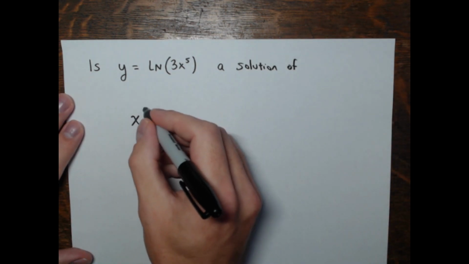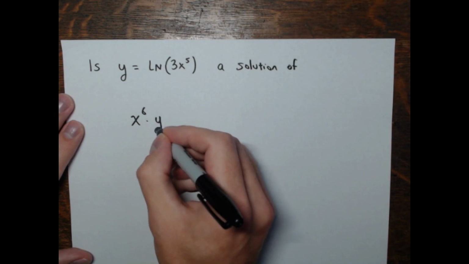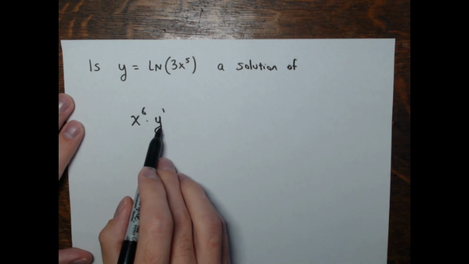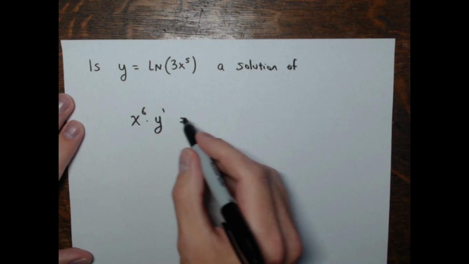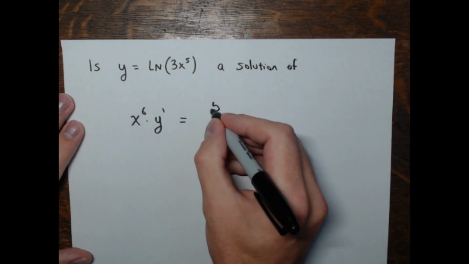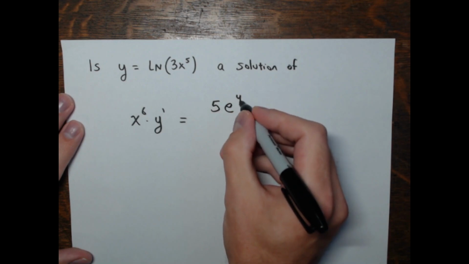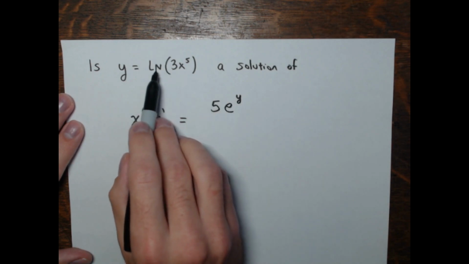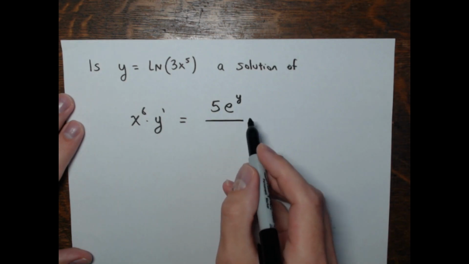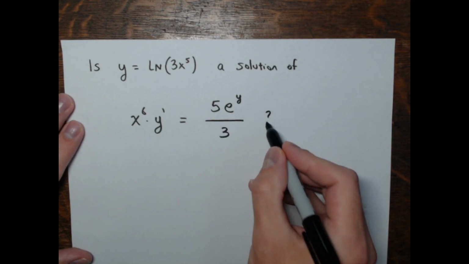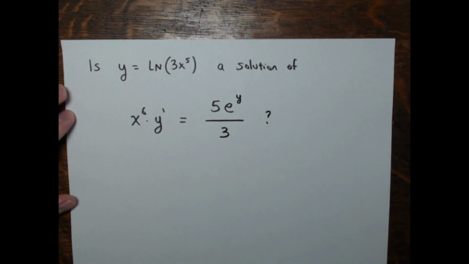We have x to the 6th times y prime, so I need the first derivative, plug that in here. And is this equal to 5 times e to the y power, so this expression for y is going to go in this power here, divided by 3? All right, there's the question.